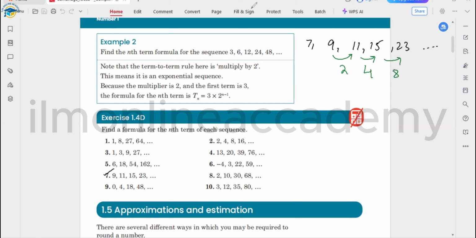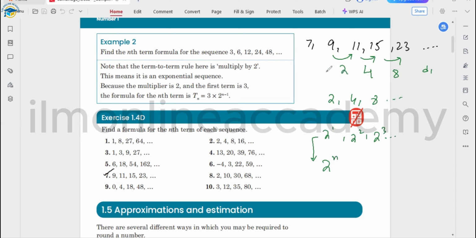Okay, here, after finding the first difference, we got a sequence that is showing us the powers of 2. Like we can have this sequence as 2, 4, 8, and so on. This is 2 power 1, 2 power 2, 2 power 3, and so on. That is represented by 2 power n. So if the sequence is 2 power n, we can check what the difference is in these numbers so that we can add or subtract.